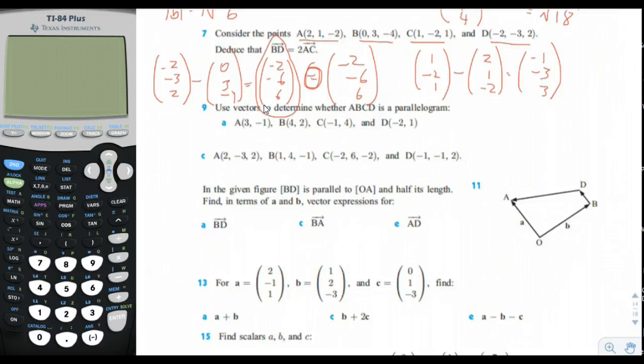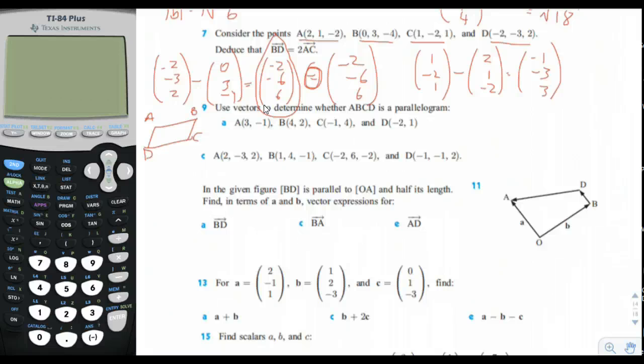Use vectors to determine whether ABCD is a parallelogram. Okay, so this is kind of like the problem we did on the last page. There's a couple ways we could do that.